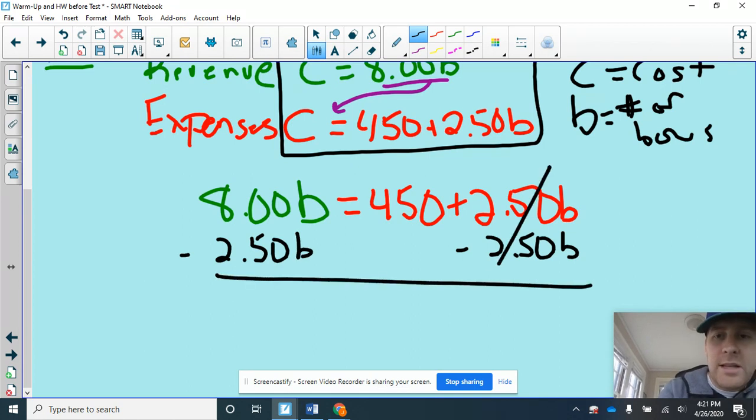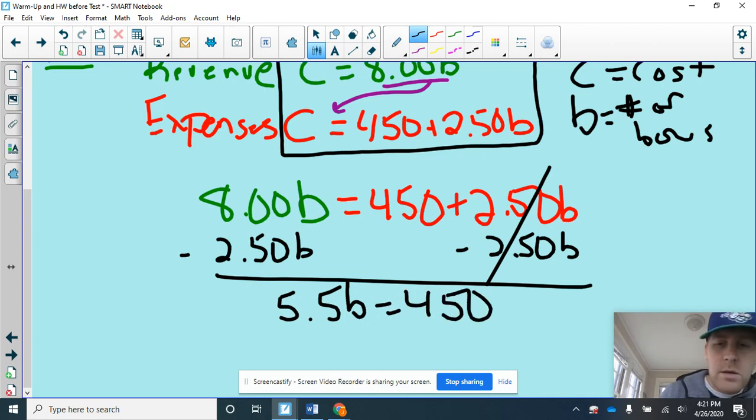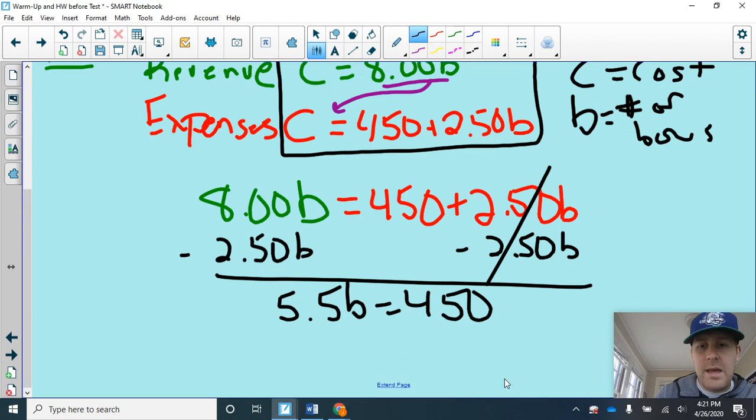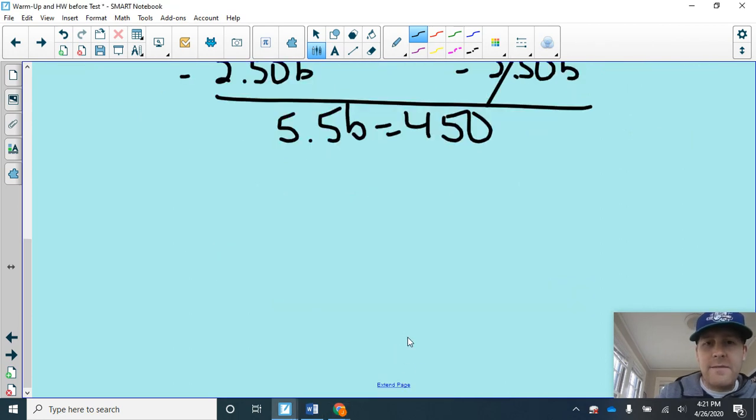Those will cancel out from the right-hand side. So 8B minus 2.50B is going to leave me with 5.50B. And that's going to equal 450. Now let's get B by itself by dividing both sides by 5.5.